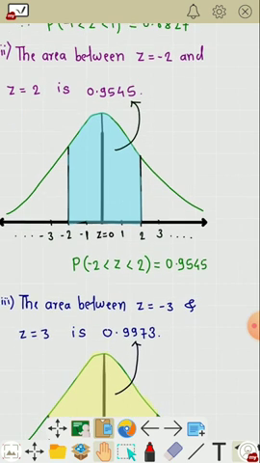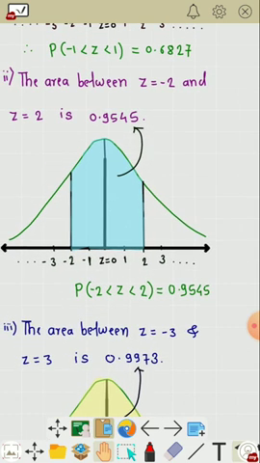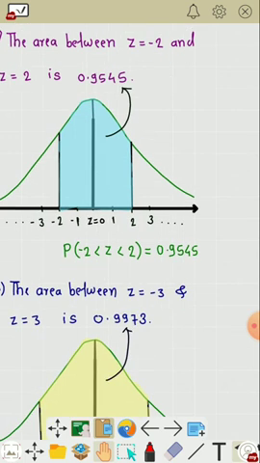So if we want to find the area from z equal to 0 to z equal to 2, that area is exactly half of the area between z equal to -2 to z equal to 2. Here the probability of variable z from -2 to 2 is equal to 0.9545.